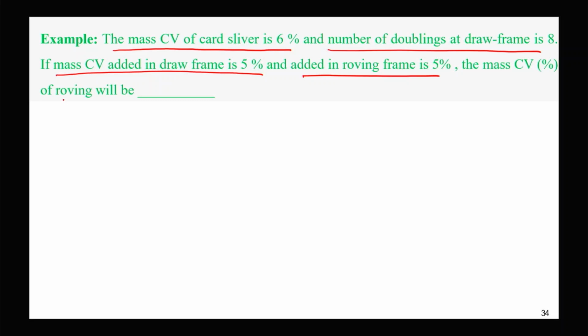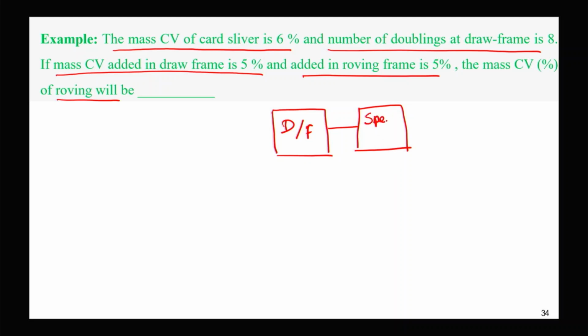So what will be the CV of the product of the roving frame? You can see here, this is the draw frame and the speed frame or roving frame, and then we are getting the roving.